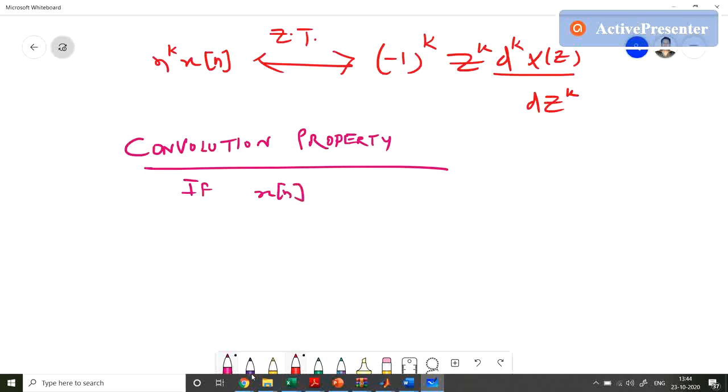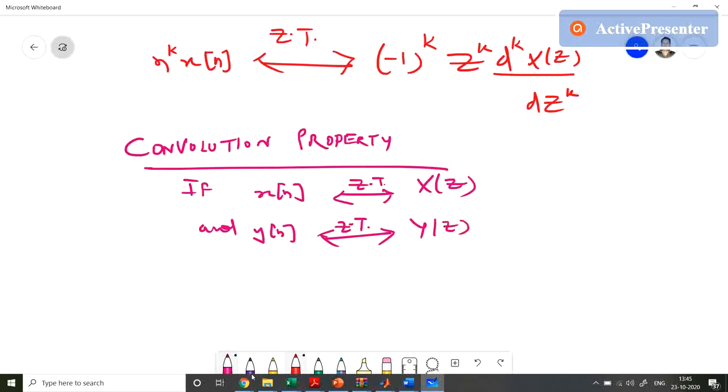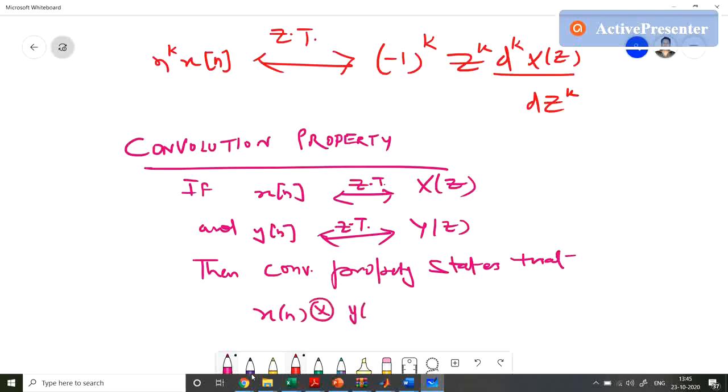If x[n] has Z transform X(z) and y[n] has Z transform Y(z), then the convolution property states that x[n] convolved with y[n] has Z transform X(z) multiplied by Y(z).